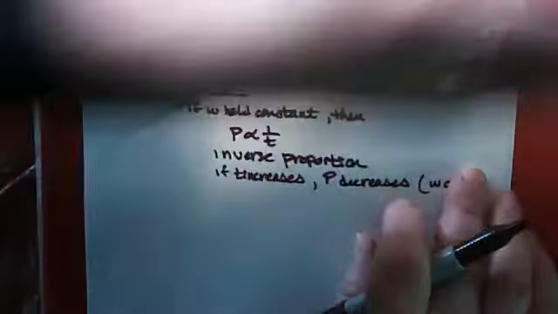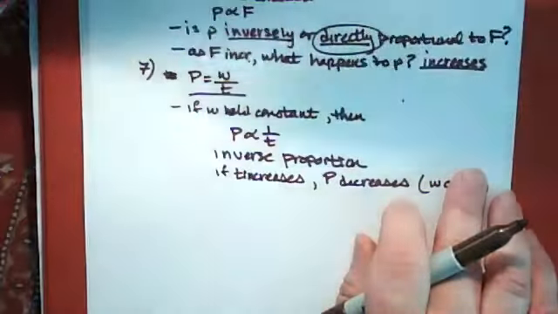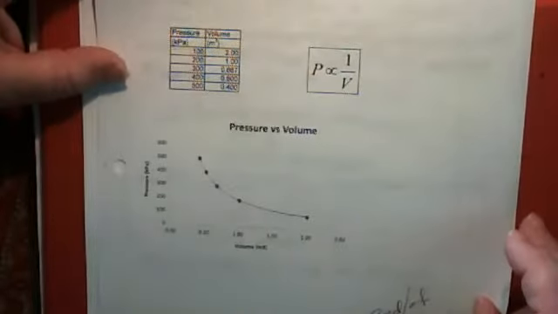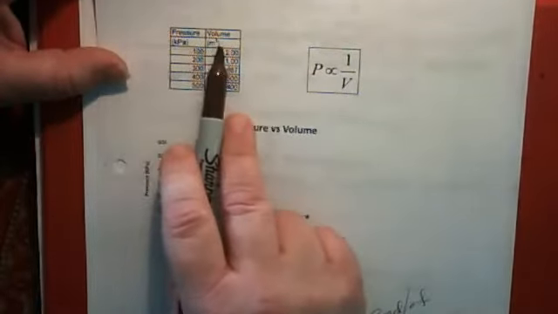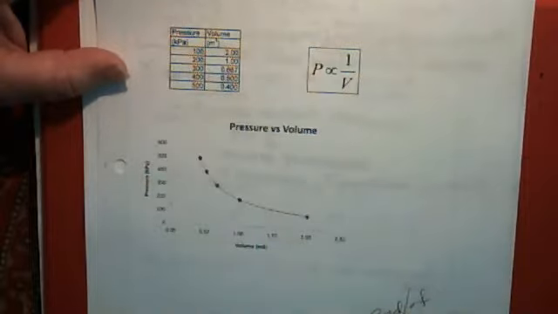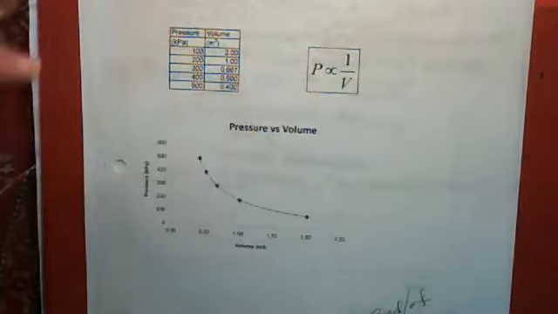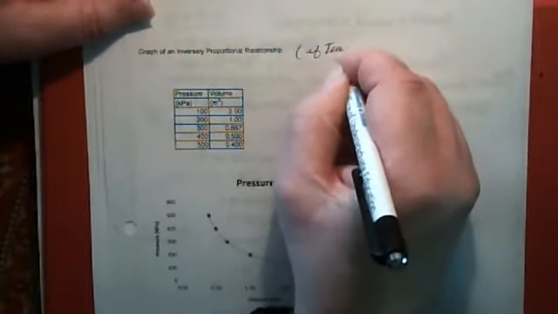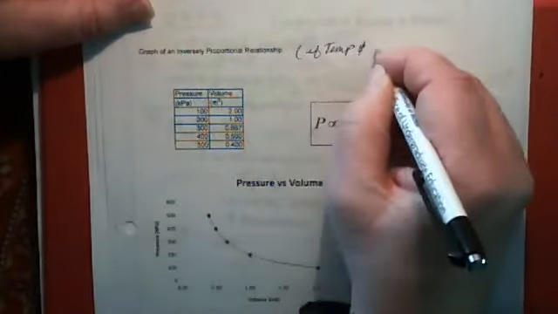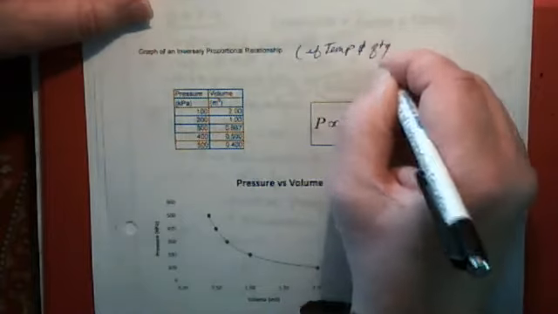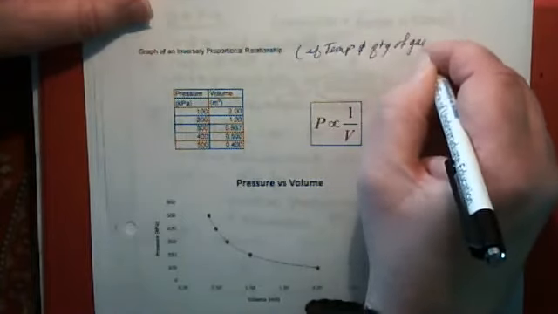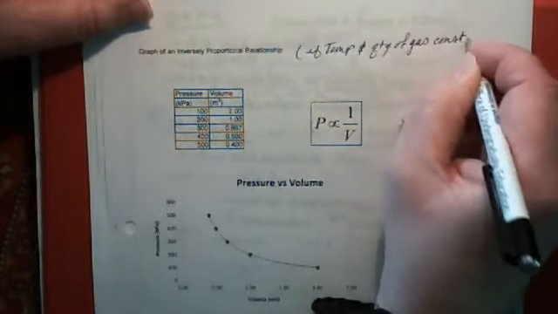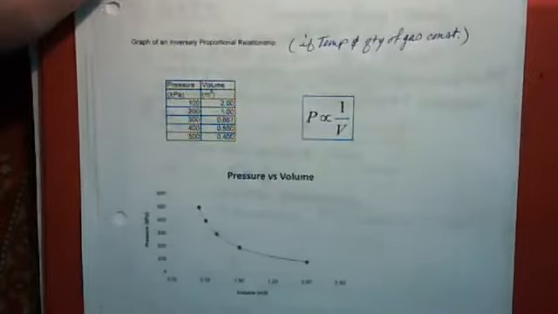And also, we have an inverse relationship: pressure versus volume for a gas. As long as temperature is held constant, and I will, in fact, go as far as writing that in.